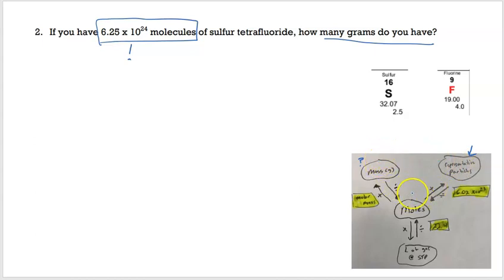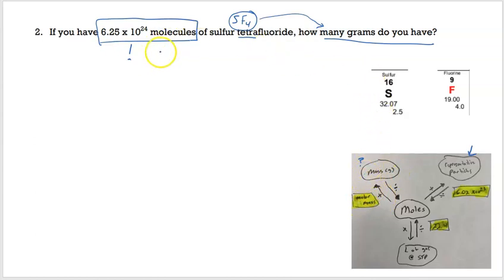Either way, I'm going to have to get into that intermediate value of moles in order to get things going. All right? So, we have sulfur tetrafluoride, which is going to be SF4. Remember that prefix tetra means 4. So that's the formula of what I'm using, and I'm going to need to know that eventually to get that molar mass value.